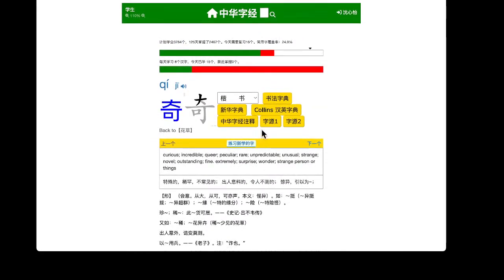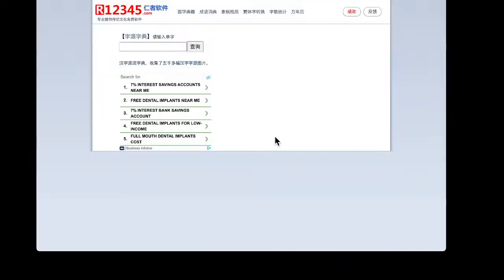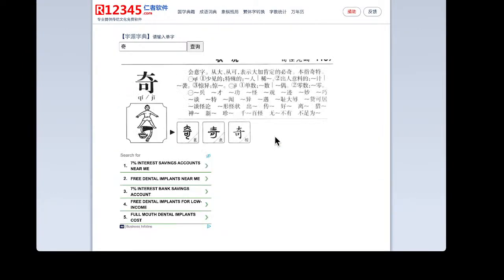So let's take a look at that character. This one has a 大 on the top, 大. And then the bottom is 可. 可 means 可以, it's okay.